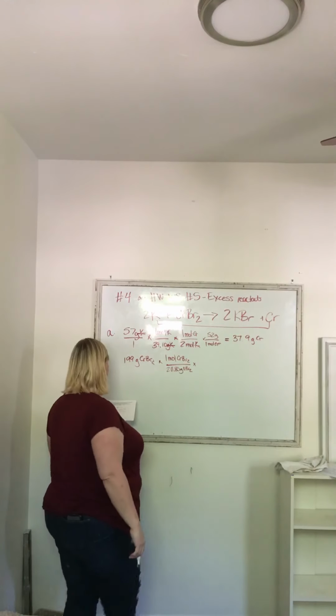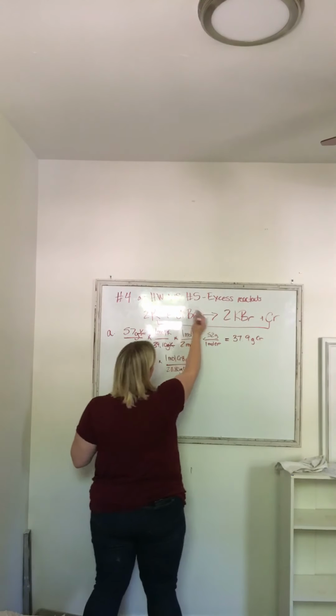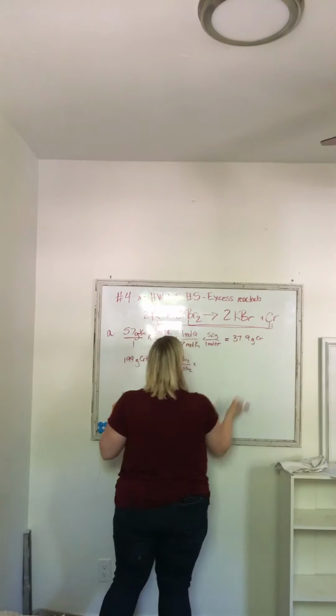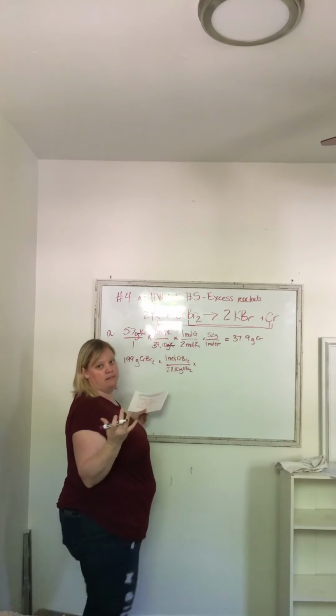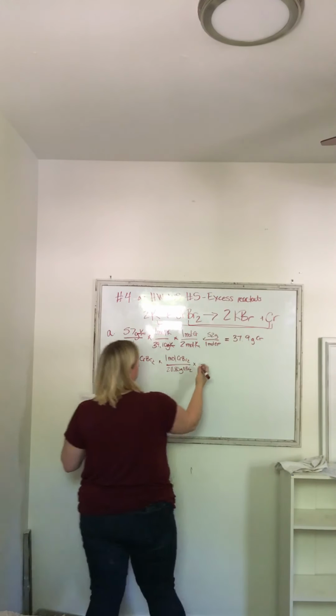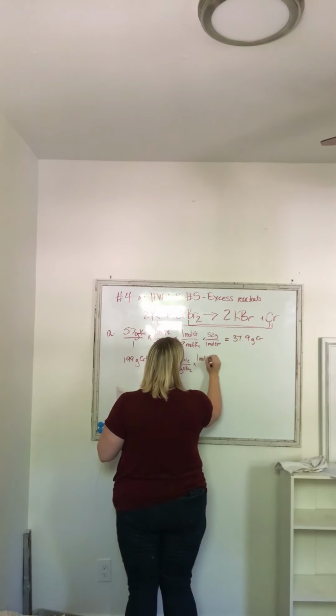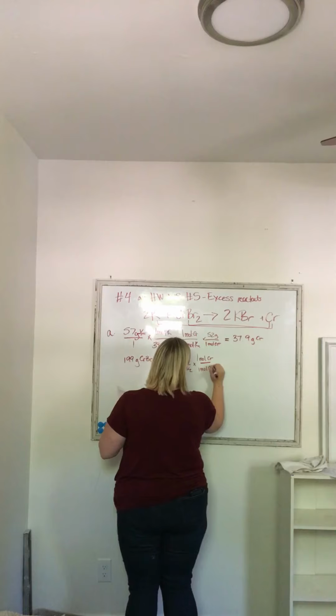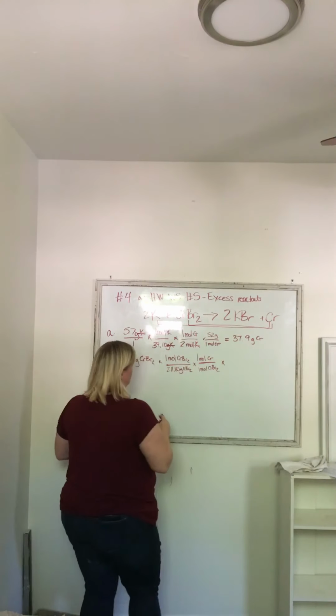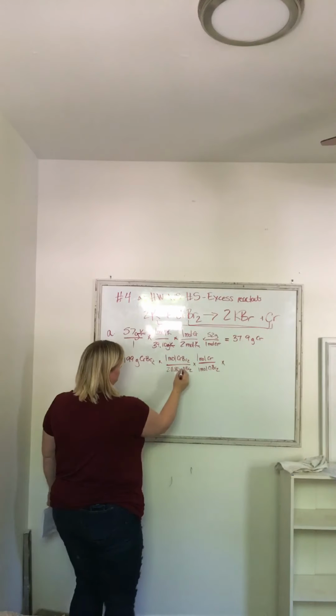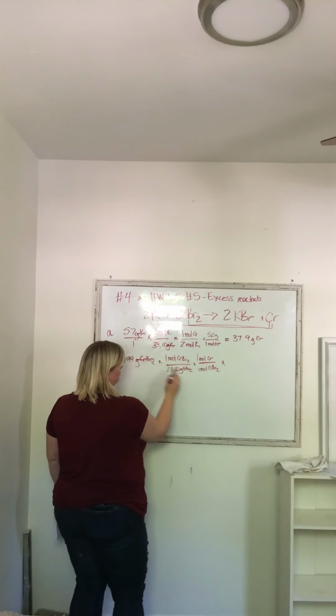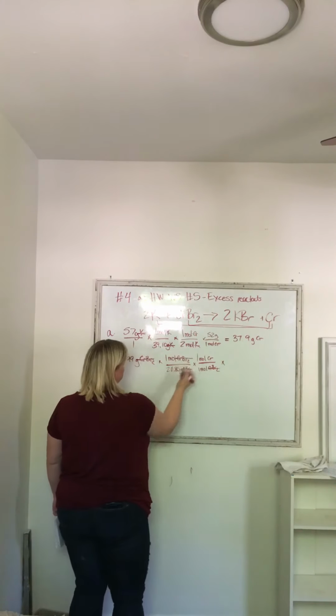Then we're going to use our mole ratio. Now we're looking at our chromium bromide to chromium, okay, which is a 1 to 1. That makes it kind of nice. Okay, I haven't been crossing these out, but you can cross out your grams of chromium bromide there. We're crossing out our moles of chromium bromide.